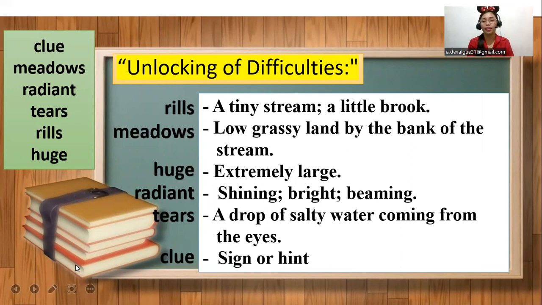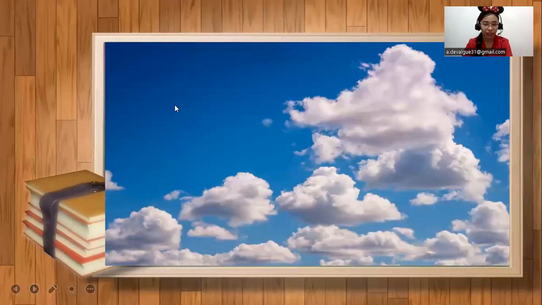Now, here we go, class. I have a question. Have you looked up at the sky this morning before you came in to school? Yes? Wow, that's good. So what can you see in the sky? Oh, very good. So you can see clouds, birds. That's good. Now, class, I have here a picture. Take a look.